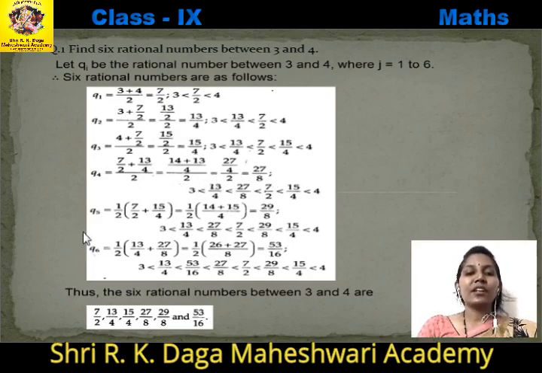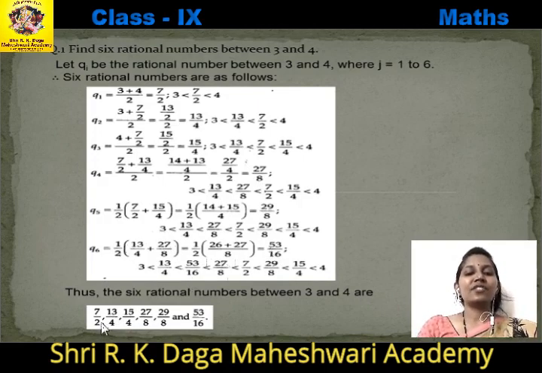Now the fifth rational number is (7 by 2 + 15 by 4) upon 2, which is equal to 29 by 8. And the last rational number q6 is equal to (13 by 4 + 27 by 8) divided by 2. When we solve this, we get 53 by 16.